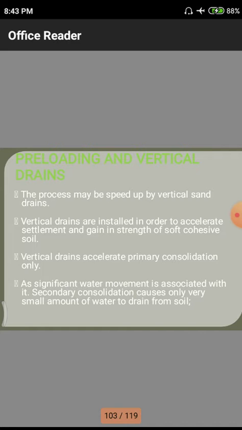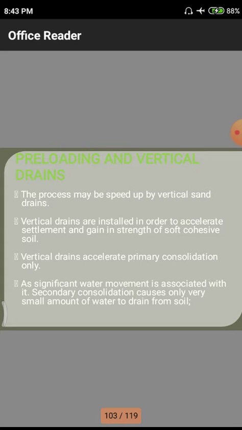Likewise in this procedure, we use these sand wicks to accelerate the process of removing water and gaining strength in the soil, so that it will be easy to implement these sand drains in a particular soil along with preloading techniques.